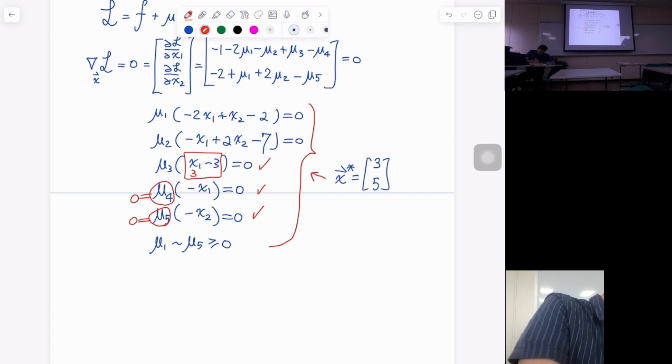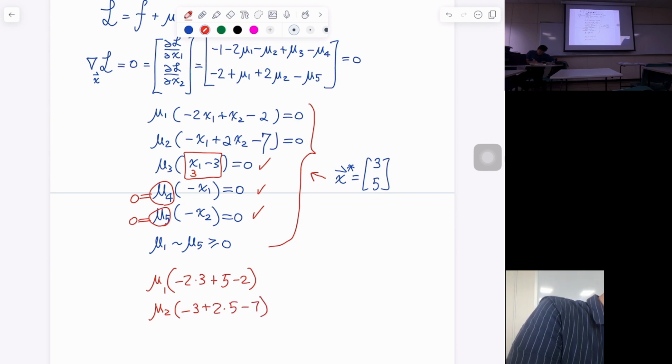Negative 2 times 3 plus 5 minus 2, this is 1. Mu2 times 2 times 5 minus 7. What are they? So it's negative 3 times mu1. Okay, this has to be 0. So mu1 is 0. This gives me 0 times mu2. This has to be 0. So mu2 can be any value.